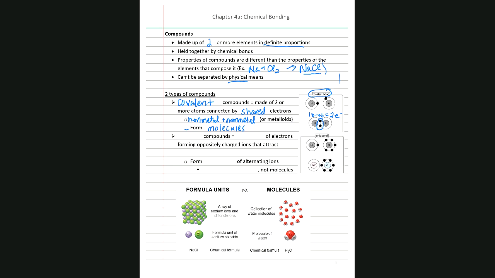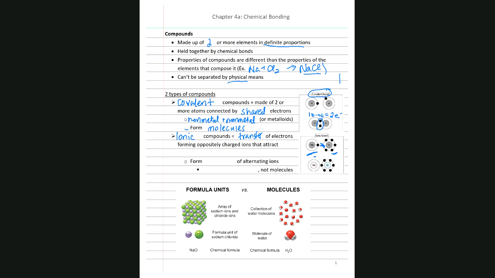The other type of compound are ionic compounds, and these are made through transfer of electrons. So you have a sodium atom that has one valence electron, but it really wants to be like a noble gas and get rid of that valence electron, and chlorine that has 7 valence electrons and could use one more. So sodium transfers its electron to chlorine, and now you have a sodium ion.